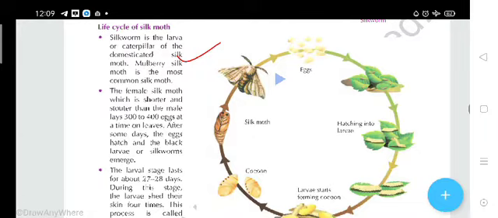And the second one, the female silk moth, which is shorter and stouter than the male, lays 300 to 400 eggs. A female will produce nearly what? 300 to 400 eggs at a time on leaves. After some days, the eggs hatch and the black larvae or silkworms emerge.